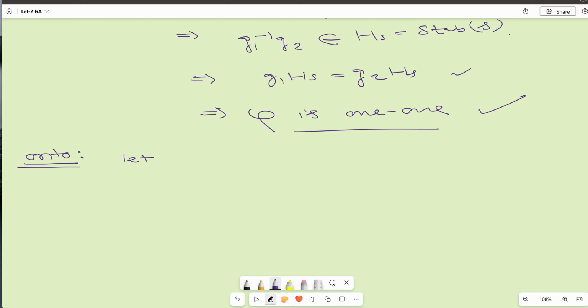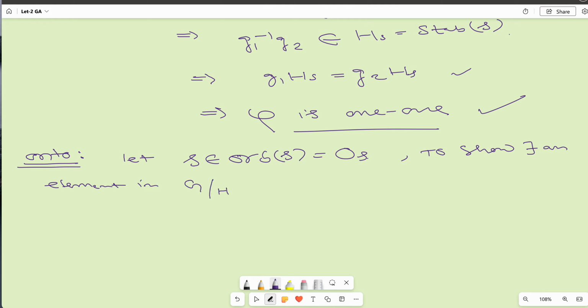So let S be an element of the orbit of S, which I have defined as O of S. We need to show that there exists an element inside G mod HS such that phi of that element is equal to S.